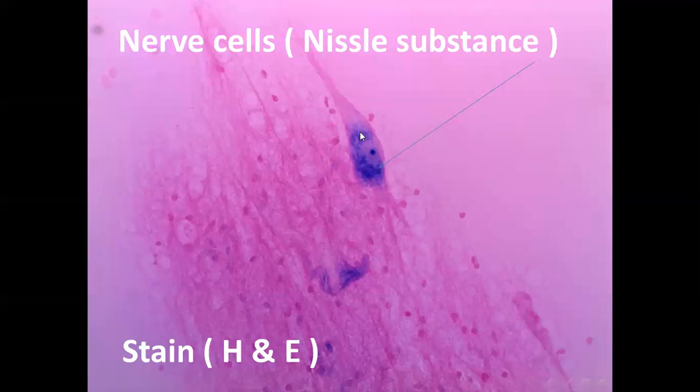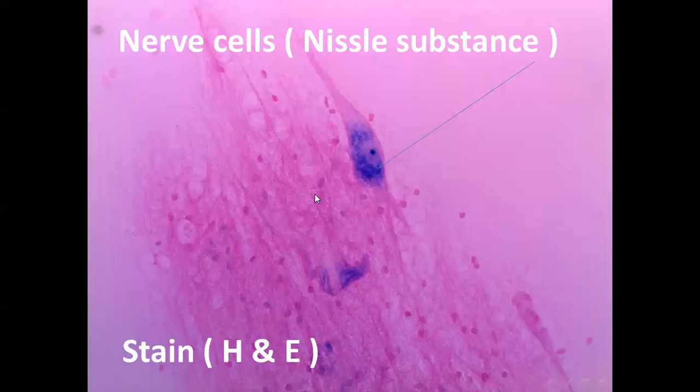The cytoplasm of the nerve cell is filled with different organelles: Golgi apparatus, mitochondria, centriole, inclusions. But in this slide, the Nissl substance or the rough endoplasmic reticulum is very clear as a basophilic area inside this cytoplasm. All this blue area is the Nissl substance or the rough endoplasmic reticulum.